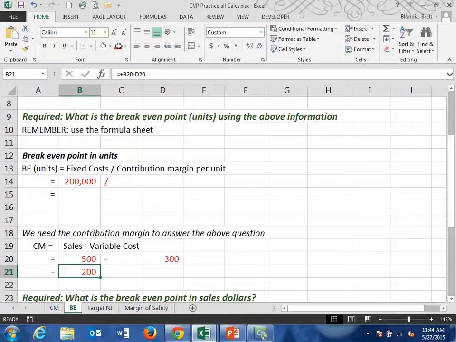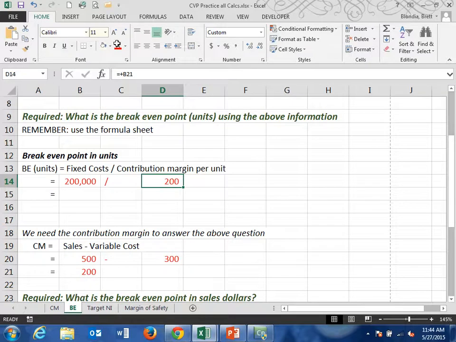But to continue and answer the question, we're trying to get the break-even point in units. We come back up to that original formula. We needed fixed costs divided by contribution margin per unit. We were missing the contribution margin per unit, but we just calculated it's $200.